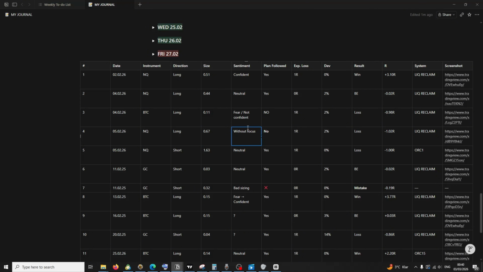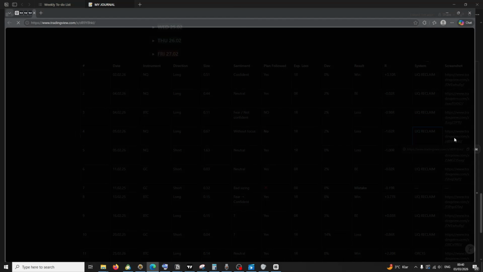I think I was playing some kind of stupid game, and I was just focusing on trading with half an eye. Either way, expected loss 1 hour, deviation under 10%. That's very good. It ended up resulting in a loss, 1.02. Liquidity reclaim, same system again.